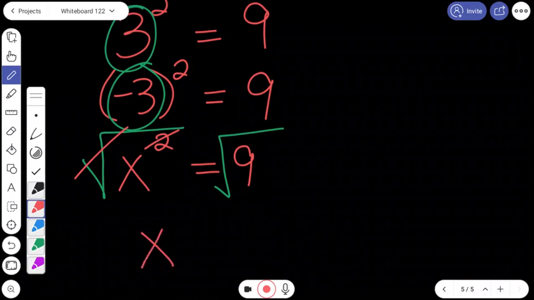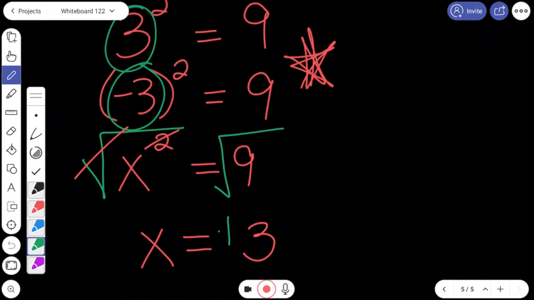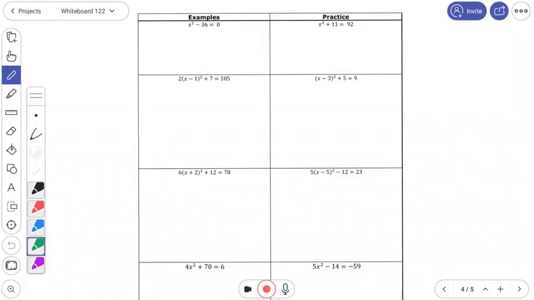So we're just left with x. X equals, the square root of 9 is just 3. But as we just learned up here, as we just noticed, you have a positive 3 and a negative 3. So anytime you take the square root of both sides of an equation when solving for x, I immediately want you to write a plus or minus in front of whatever your square root is. Okay? All right, let's do some examples real fast.